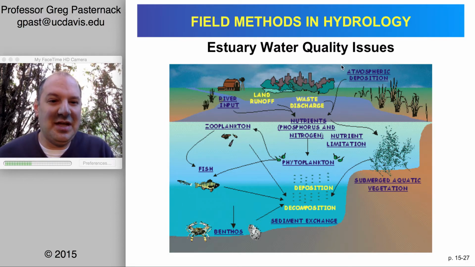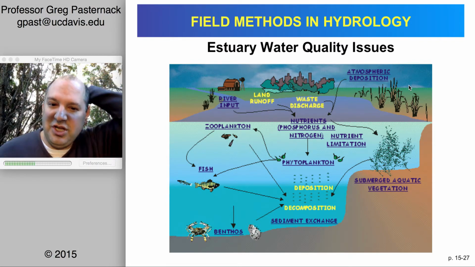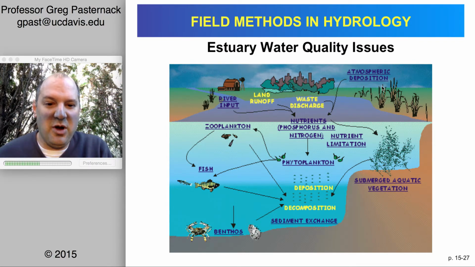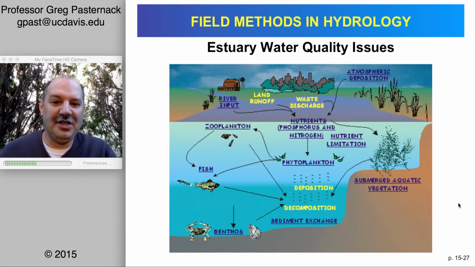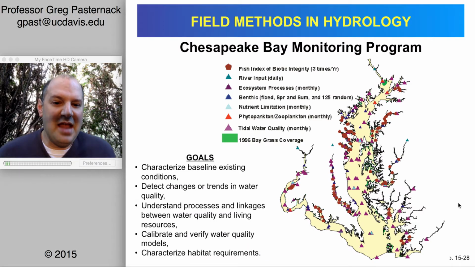Atmospheric deposition is something we've learned more recently is a major contributor to nutrient pollution in estuaries. And then we also see the effects of eutrophication and loss of submerged aquatic vegetation. So there are a lot of water quality issues that come into play. As a result, since 1985, there's been the Chesapeake Bay Program.